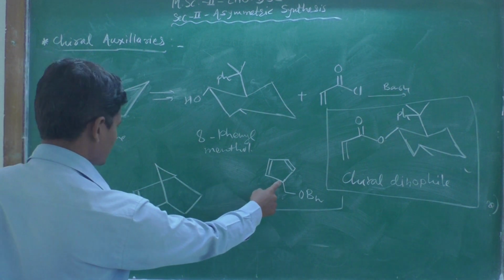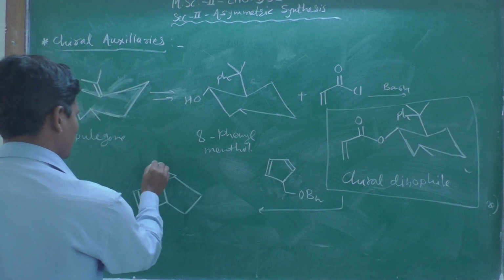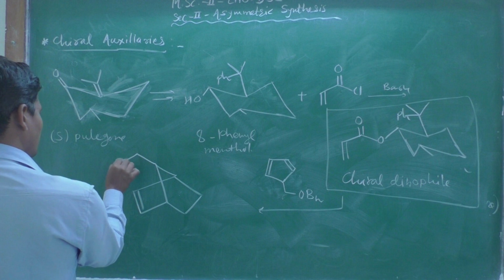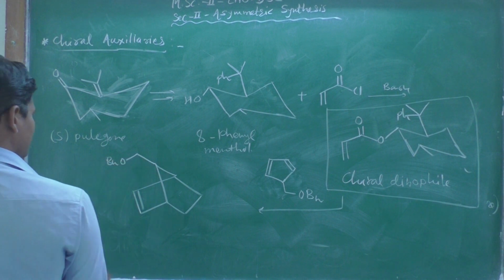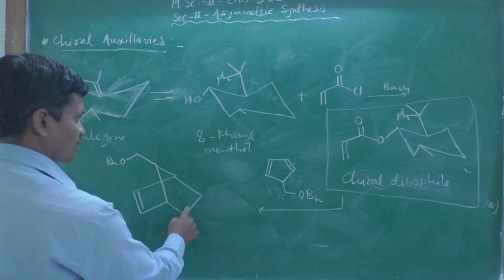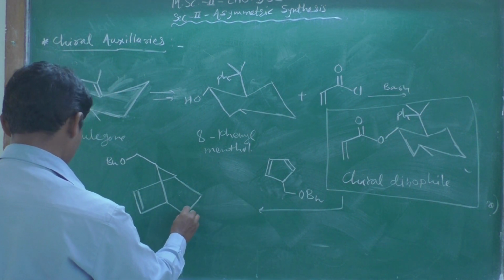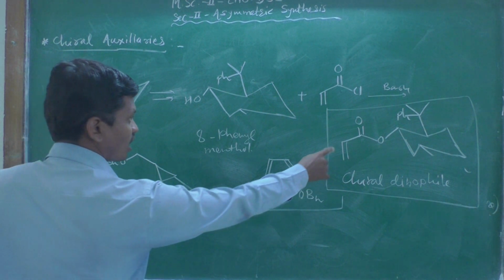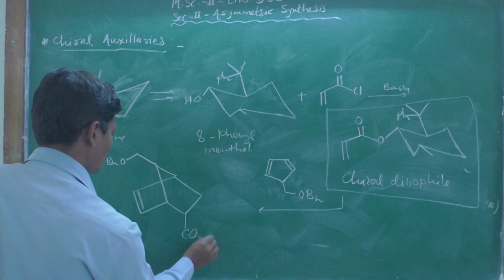This is CH2, this is a CH group, and this CH2OBn group will be as it is, and this carbon atom now has CO2R.